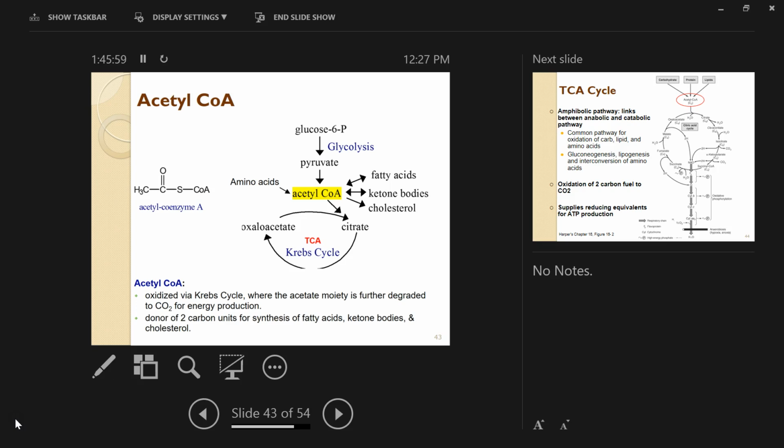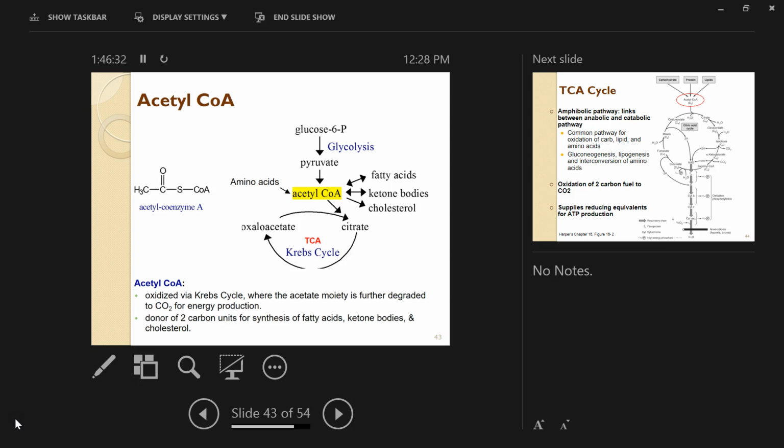Acetyl-CoA is also a very important building block for fatty acid synthesis, ketone body synthesis, and cholesterol synthesis. So cholesterol, fatty acids, and ketone bodies are all synthesized from acetyl-CoA, and because of all these connections, this is a critical link between the three macronutrient metabolisms.